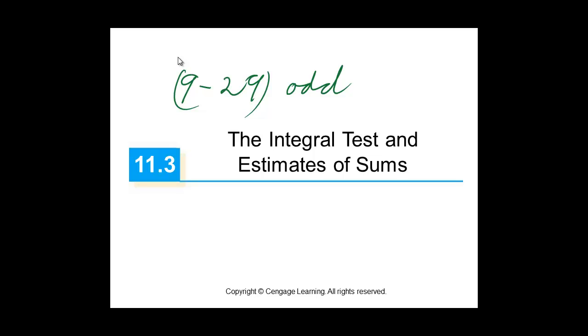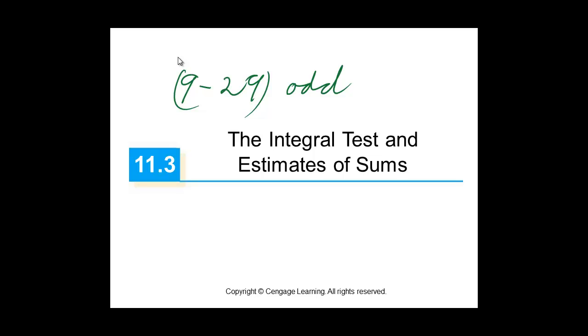Now, by now you should know what is a series and what is a sequence. And we looked at geometric series in section 11.2, and we know exactly what is a geometric series and when does a geometric series converge and when does it not converge.